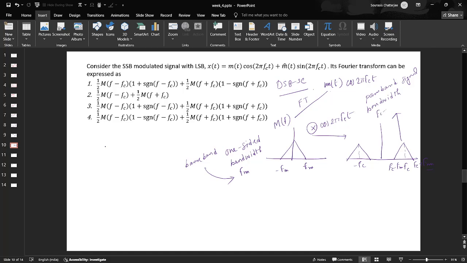It's fc plus fm minus fc minus fm. That is essentially 2 fm. Whatever bandwidth you have in your baseband, fm, now when you convert it to passband, essentially you need twice the bandwidth. So the passband signal needs twice the bandwidth.